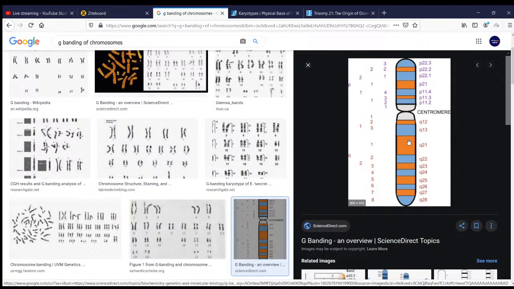All these critical data will be revealed after banding only, because dark and light regions will be generated. Mostly, dark regions are gene poor and light regions are gene rich. You can see the dark region is more in number and occupies more.